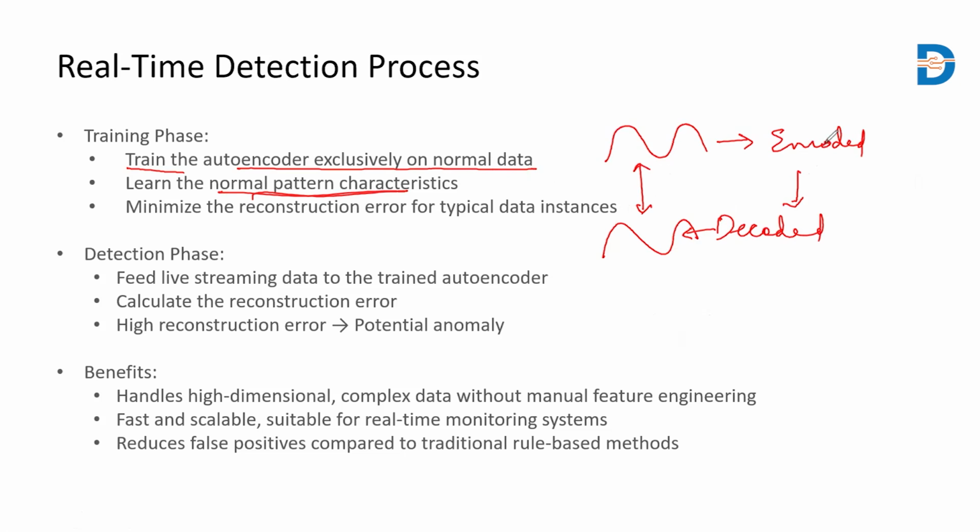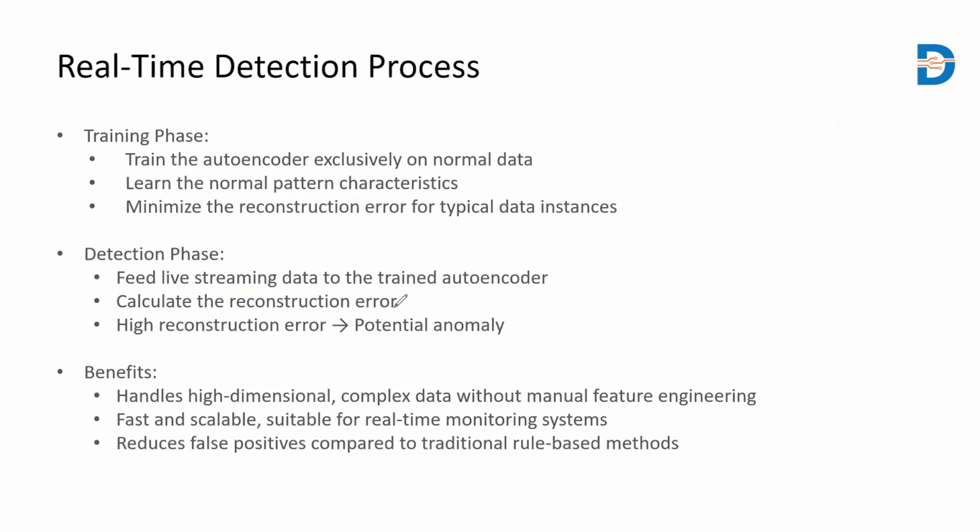In this training process, it is only exposed to normal patterns, right? This is called your detection phase. You feed the live streaming data to the trained autoencoder and you keep calculating the reconstruction error. Because this is a model trained to minimize the reconstruction error, as long as the input data is normal, the reconstruction error will be minimum.